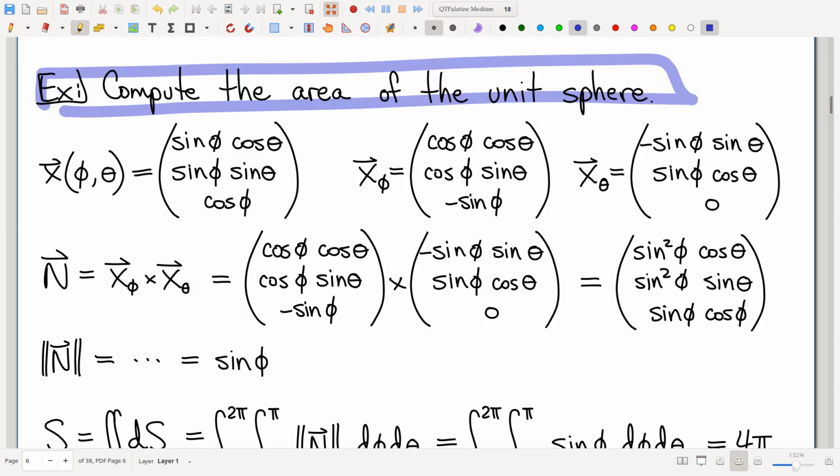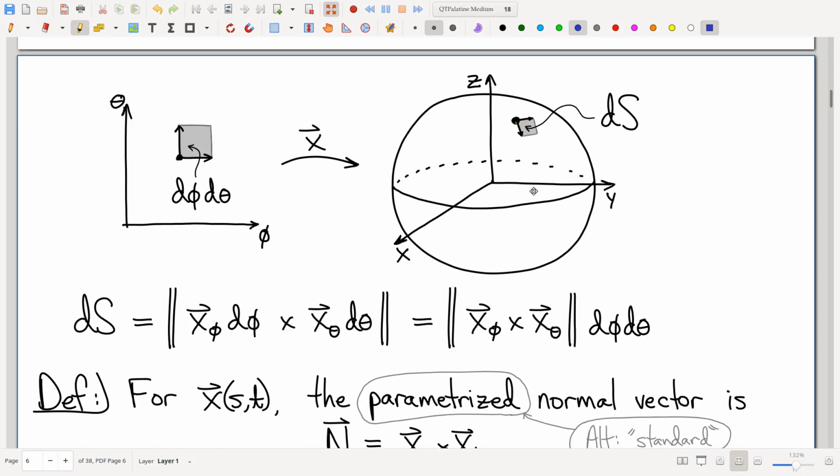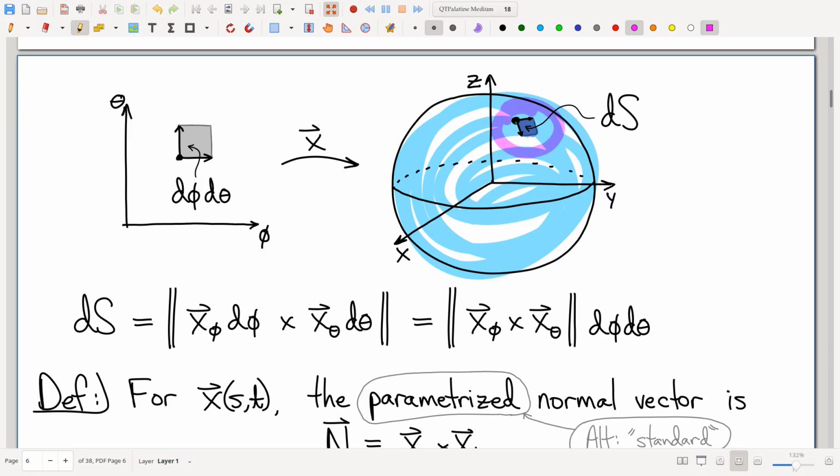And roughly speaking, broad stroke, the way we're going to compute the area over here is we're going to break it down into little pieces, little pieces of area. We're going to relate those little pieces of area, again, no surprise, I hope, to little pieces of area over here. And we're just going to look at all of the parameters that give rise to our surface.